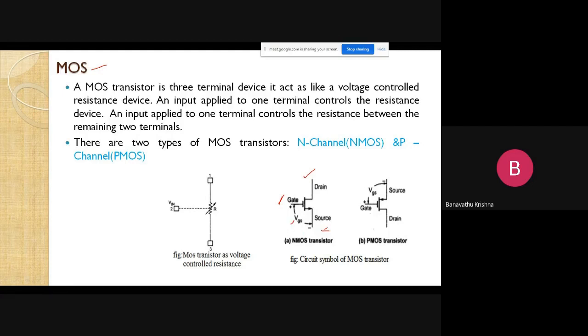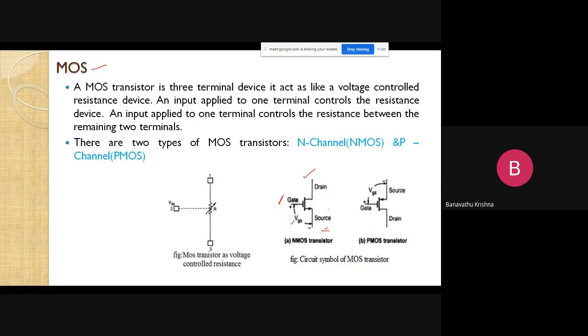By applying this voltage, the device goes into on condition or off condition. If the device is in on condition, it has very little resistance across it. If the device is in off condition, it has very high resistance, in terms of mega ohms.